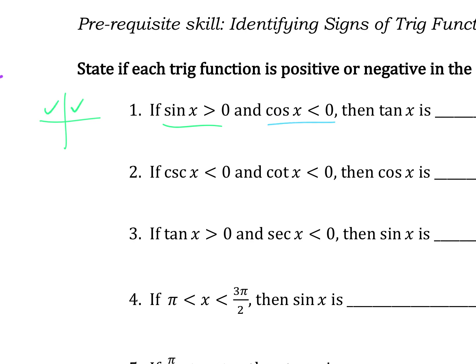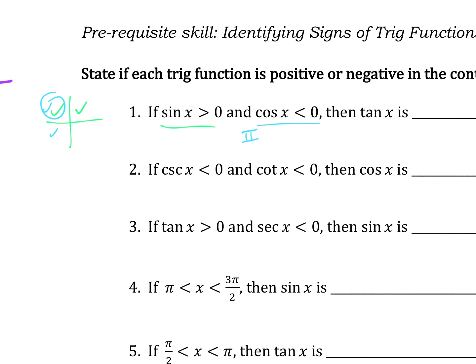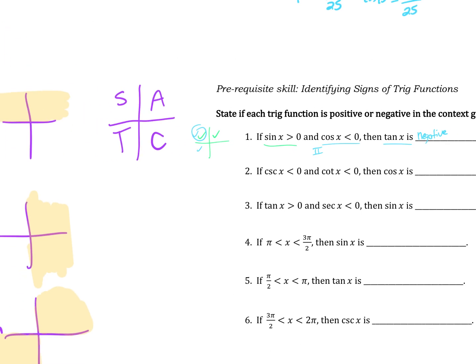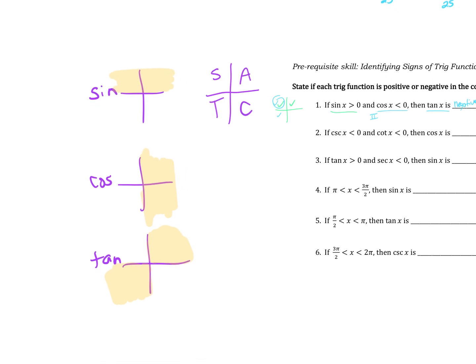And cosine is negative in what two quadrants? 2 and 3, so we know we're in quadrant 2. And it's asking, what about the tangent value in quadrant 2? Is that going to be positive or negative? Negative. Tangent is negative in 2 and 4, right?